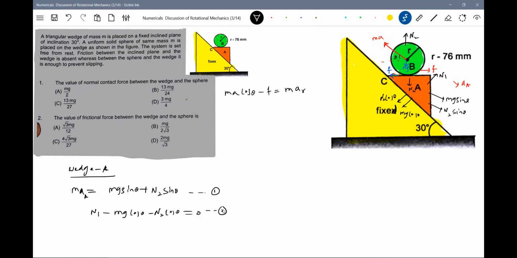AR is the acceleration of the sphere in this direction. Let this be alpha, alpha or AR.